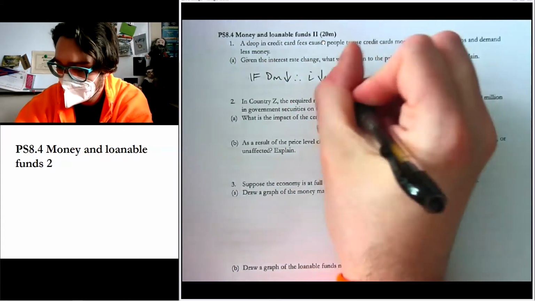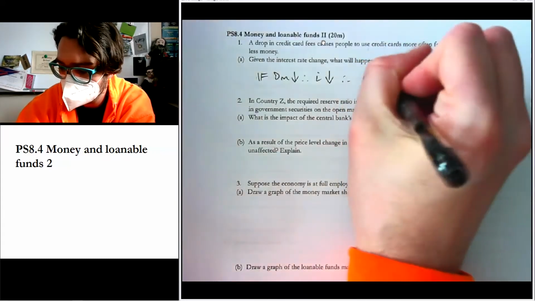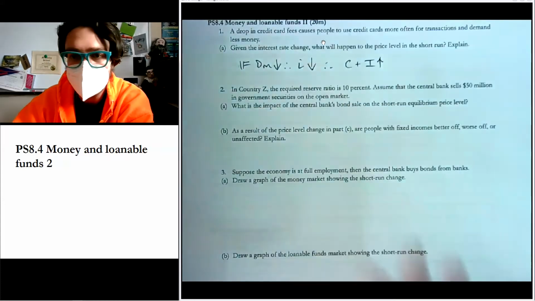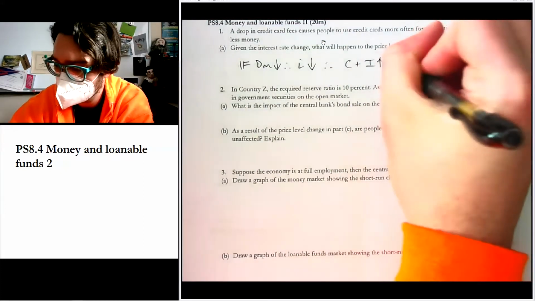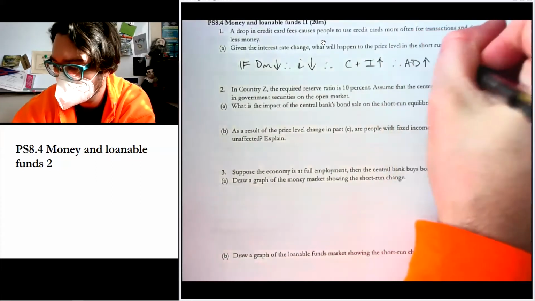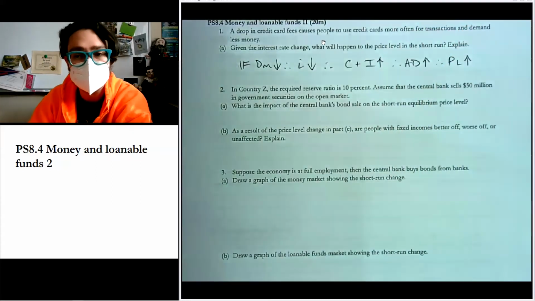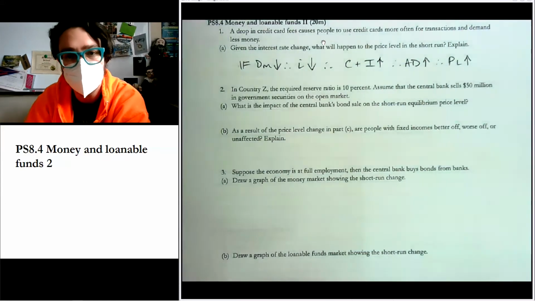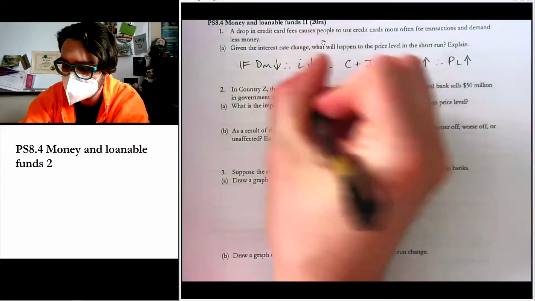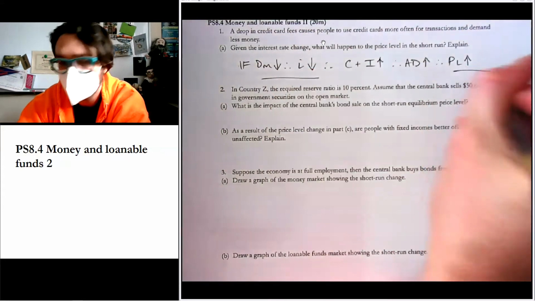And therefore consumption and investment should go up because they're interest sensitive. And so aggregate demand rises, therefore price levels rise. That's the chain of thinking they were hoping you could get to on the AP test, connecting this to the outcomes.